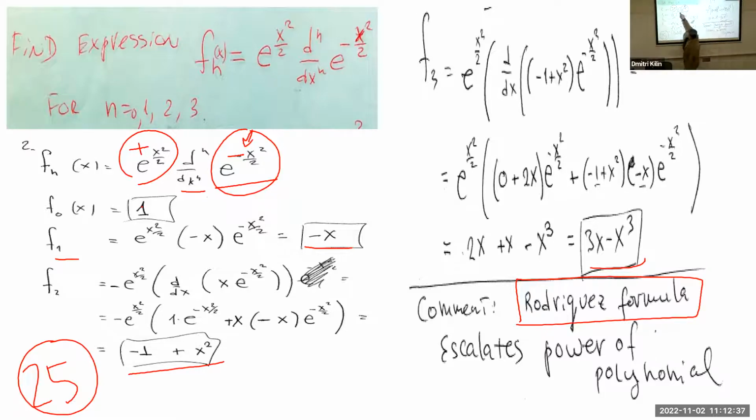If you take the derivative of nth order and then multiply by the exponential of the opposite sign, the exponentials disappear and you get: zeroth order should be 1, first order minus x, second order minus 1 plus x squared, and the third one 3x minus x cubed, corresponding to your task number 1, right? Yes.